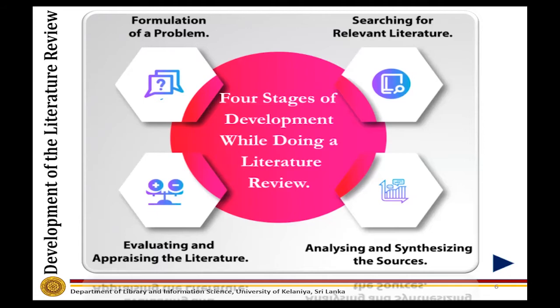Are they good enough to carry out my study, or do I need to remove them from my reference list? So we will be able to evaluate the quality of literature while conducting the literature review by ourselves as well. That's what we need to improve from our side.